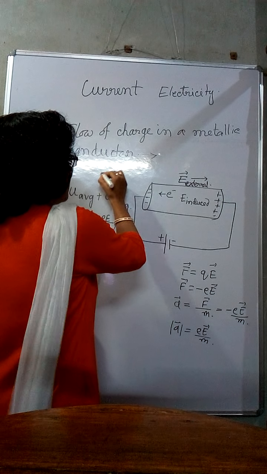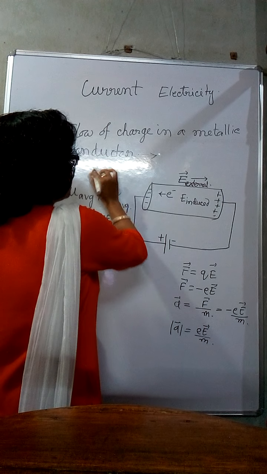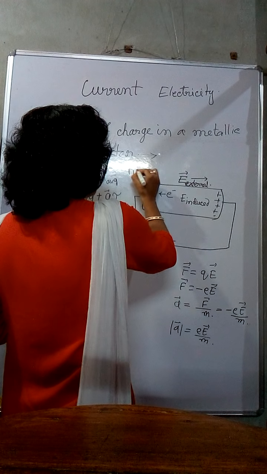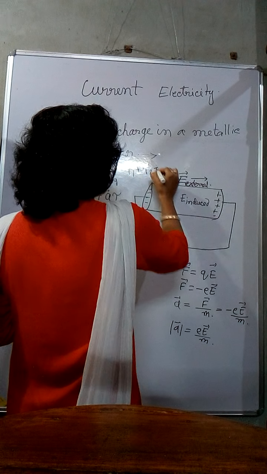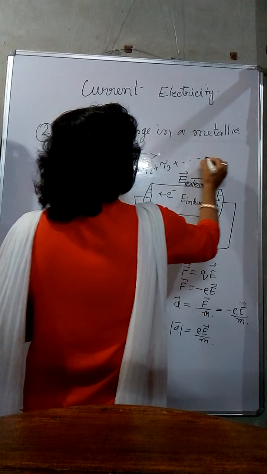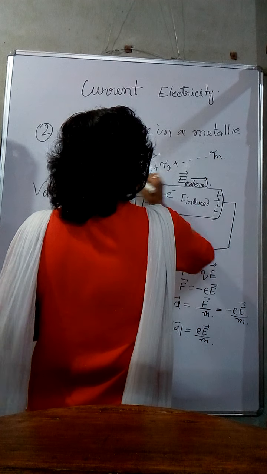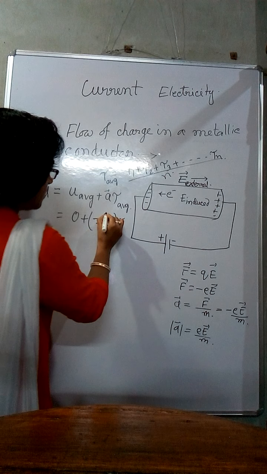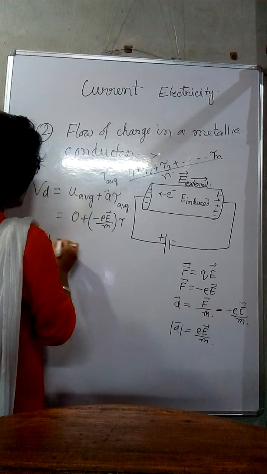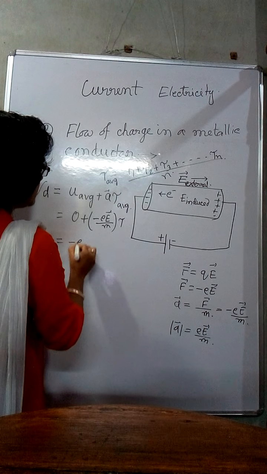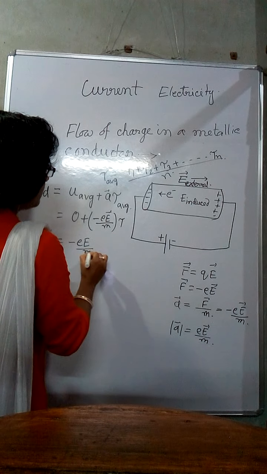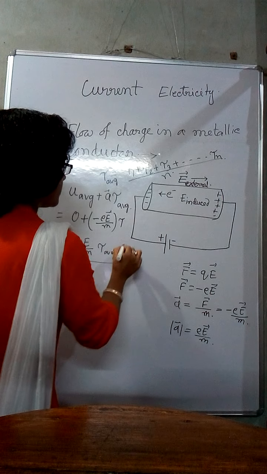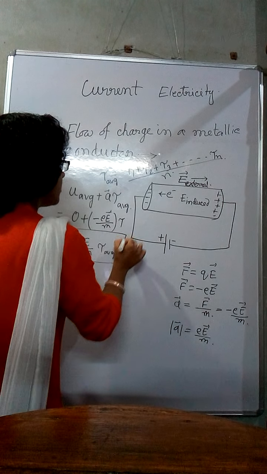Then it will be the average relaxation time: tau 1, tau 2, tau 3, plus dash, tau n, divided by n. So our equation for drift velocity will be minus eE by m times tau average. That is our equation for drift velocity.